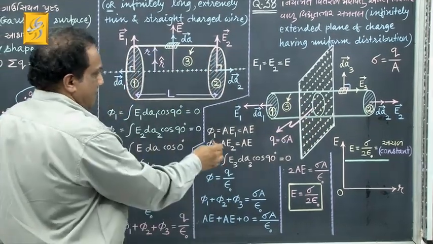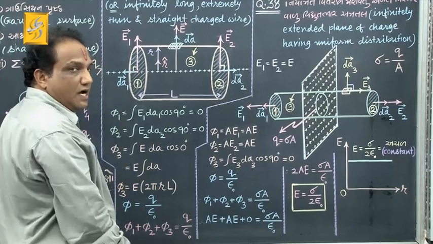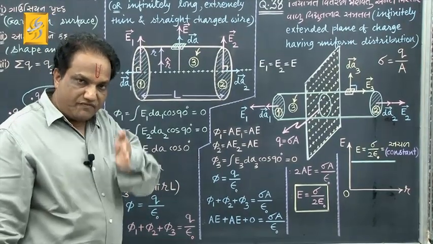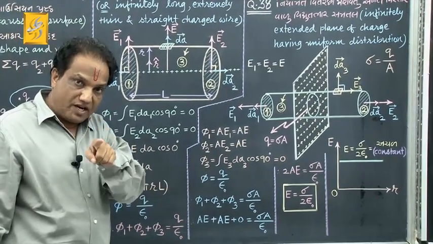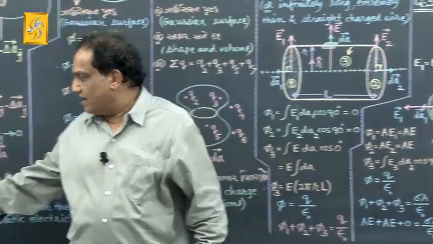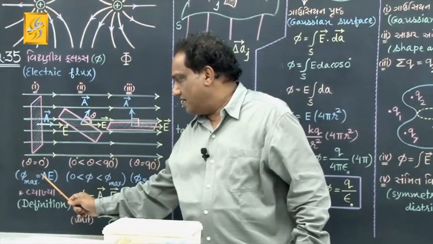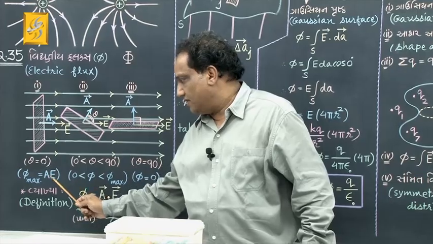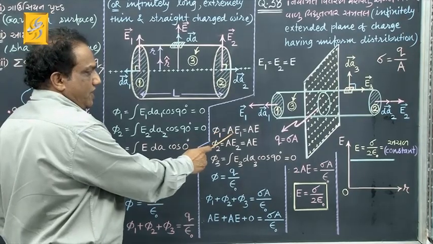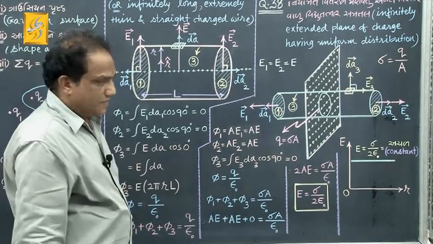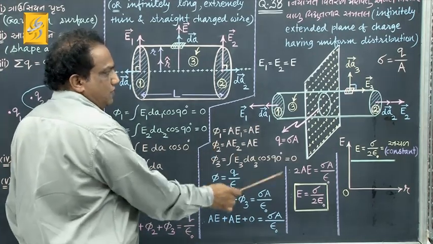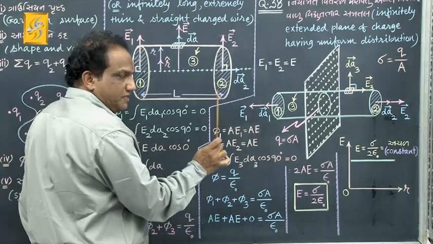Okay. Come on, phi 1 equals to, I told you whenever plane surface is lying in uniform electric field, you can go for finding electric flux using this formula A into E, correct? So phi 1 equals to A into, I am writing E1. Similarly, phi 2 equals to here A into E2, correct?